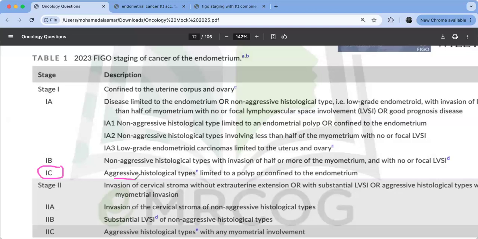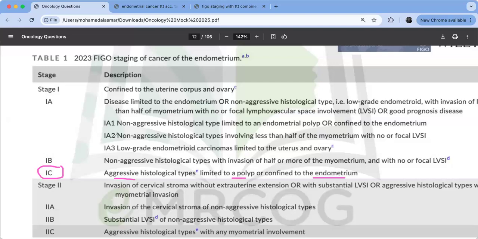What is this aggressive type? The aggressive types, remember, are the naughty tumors. They behave aggressively with a high risk of recurrence, right? So that's why 1C is the aggressive type, but very small, limited to a polyp or confined to the endometrium.